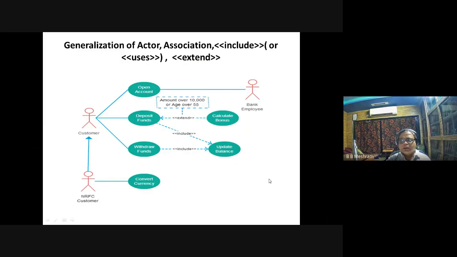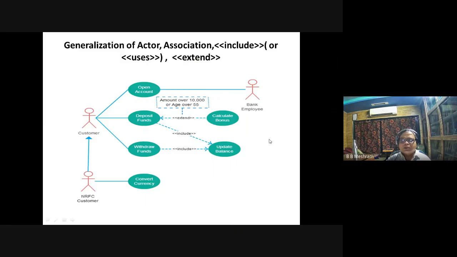Now, in this case, deposit funds and there is a relationship extend. So, calculate bonus and deposit fund. Between these two use cases, there is an extend relationship.